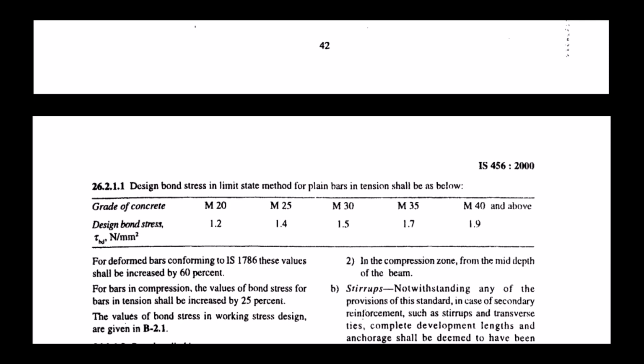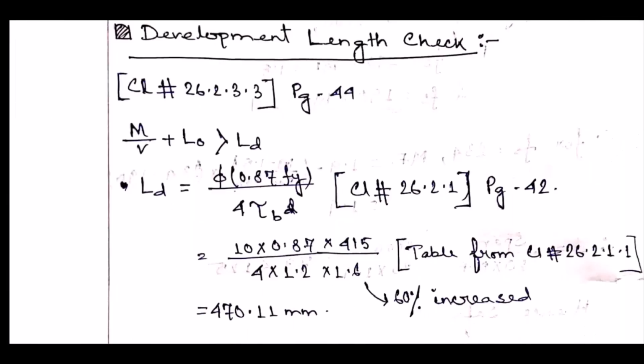So let's go to the notes and check how these are all applied in solving a design problem. So here it is: dia into 0.87 fy by 4 tau bd, that equals 10 into 0.87 into 415 by 4 into 1.2 into 1.6, where the 60% increase is what we have just read in the IS code, right?